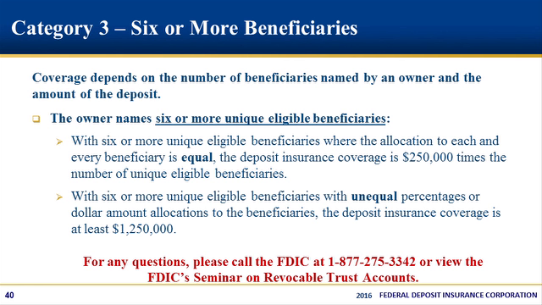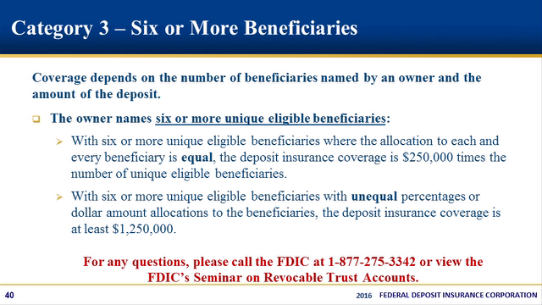But what if the owner is attempting to insure more than $1,250,000, has named 6 or more beneficiaries under 1 or more revocable trust deposits, but has unequal percentages or dollar amounts allocated to the beneficiaries? This is a bit tricky. The reason is the rule for 6 or more beneficiaries named with unequal interest is different than the rule for 5 or fewer named beneficiaries with unequal interests.